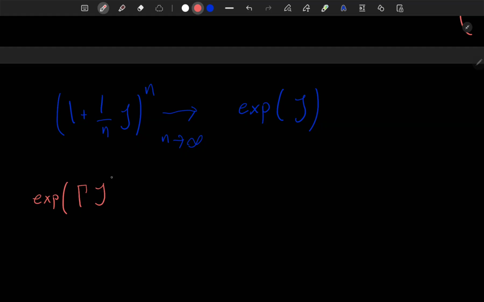And we want it to be in this kind of form, right? Well, that's the same thing as the exponential of gamma times eta. We want to raise that again. Very good, very good.